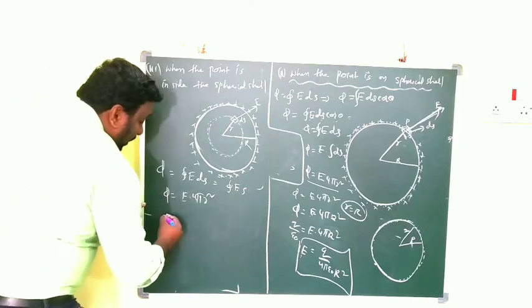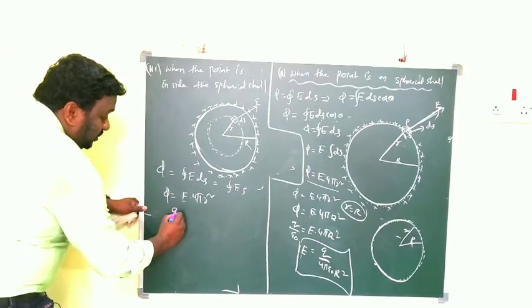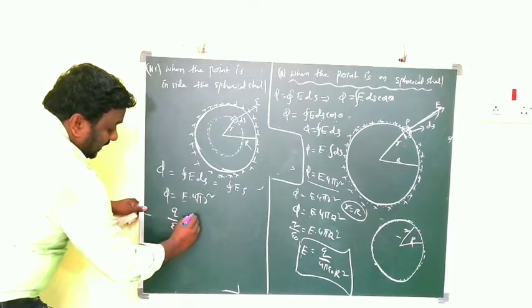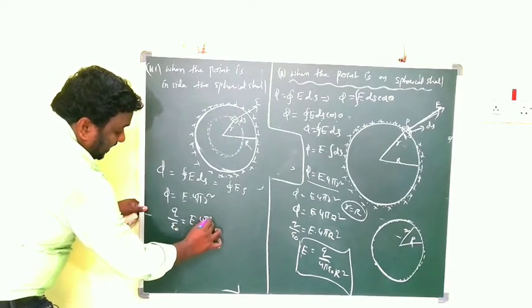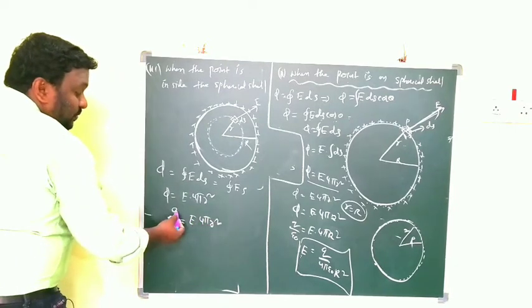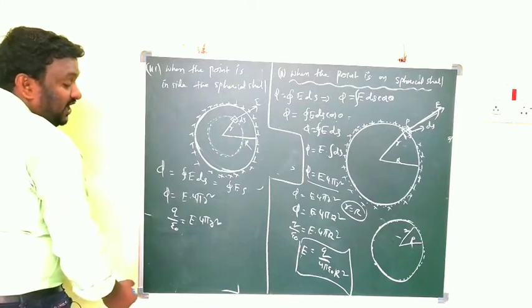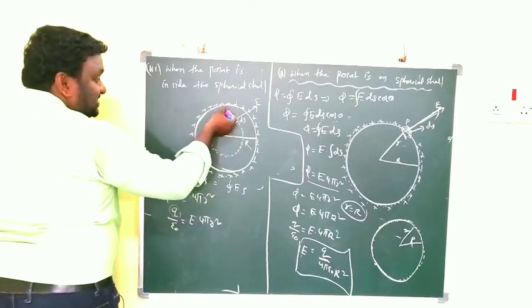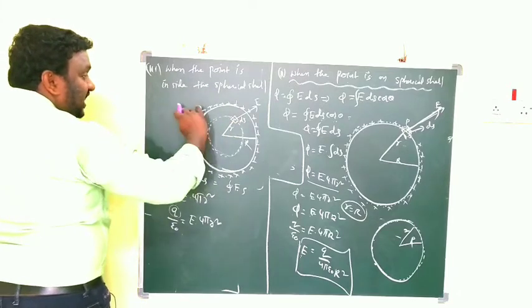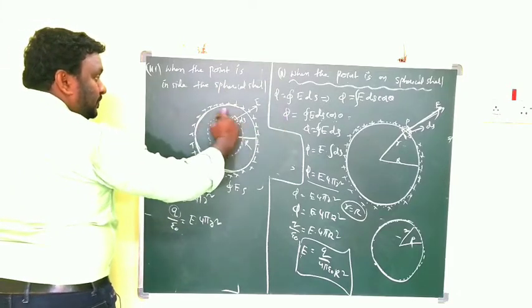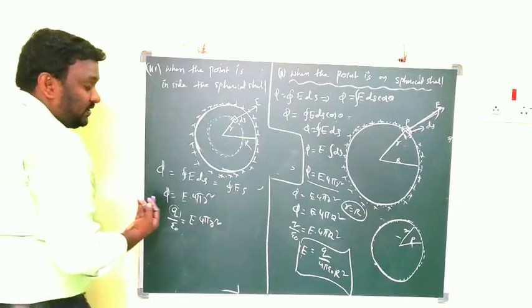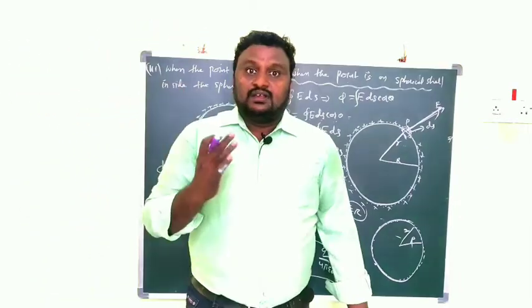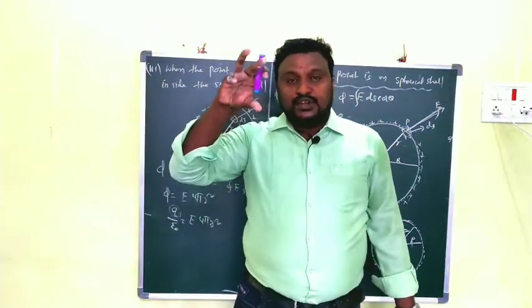Now, what is Gauss law? Phi means Q by epsilon naught. So Q by epsilon naught is equal to E into 4 pi r square. Then what do you write? Here the Q value is 0. The charge inside the shell is 0. The charge is available on the surface only, distributed over the shell only.